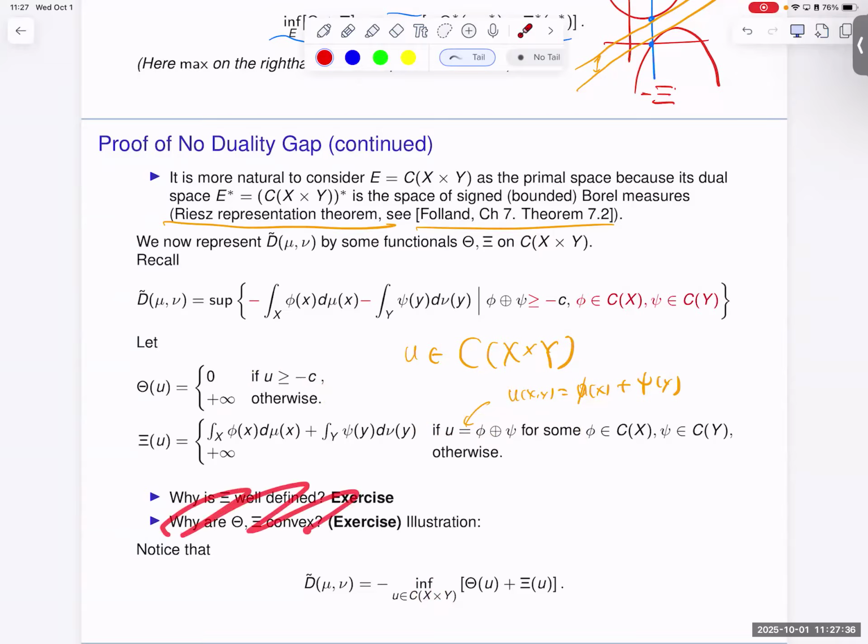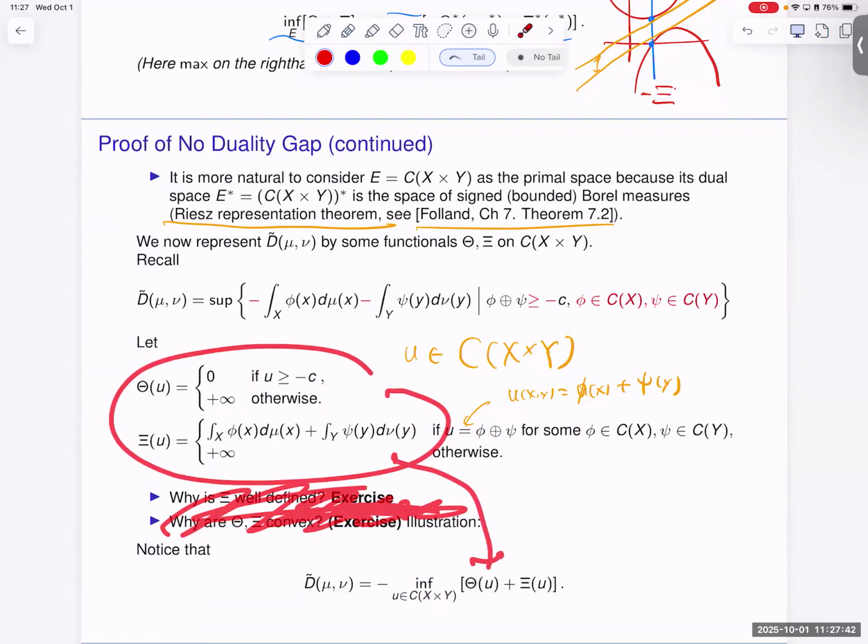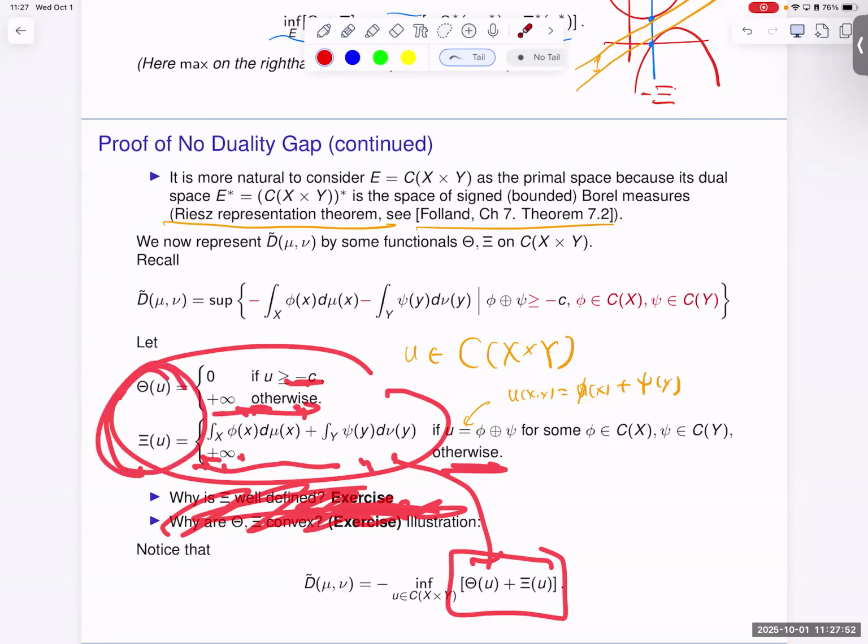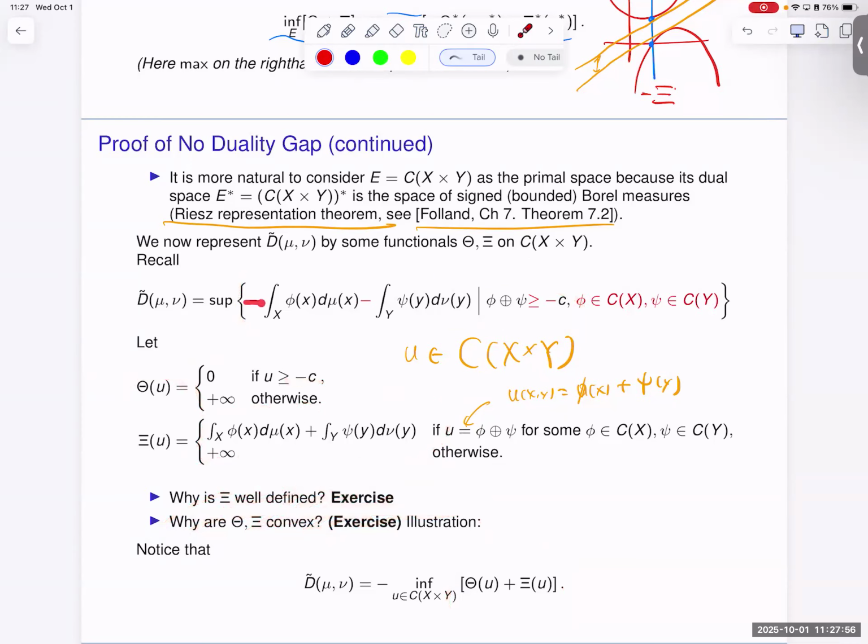Before this exercise, just don't worry about the exercise yet, but do you see my point that if you just add these penalty functions, like infinite penalty, if they don't satisfy this, then this sum will correspond to exactly this expression, with plus here, because I just turned supremum into infimum. Am I making sense here?